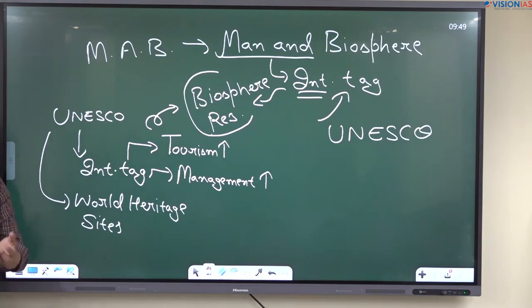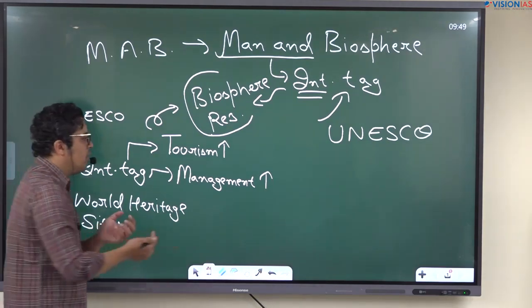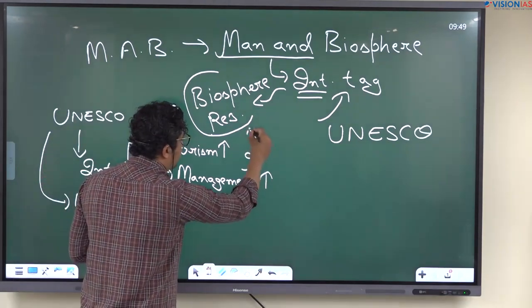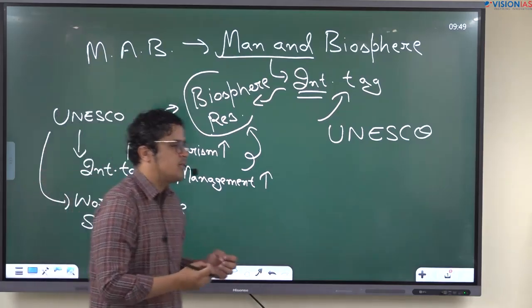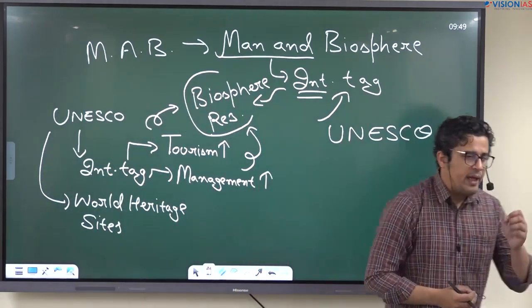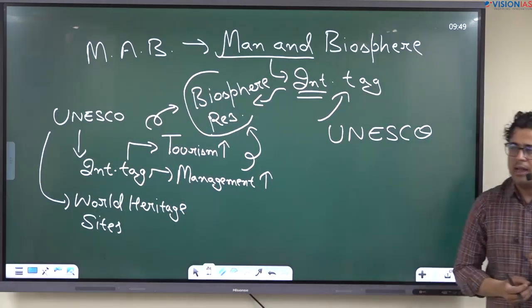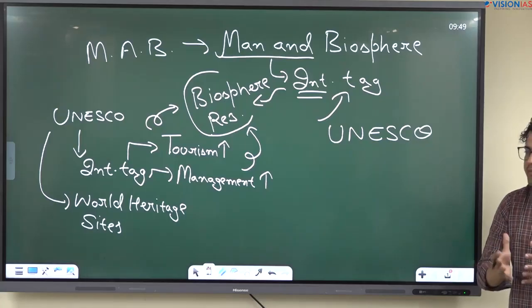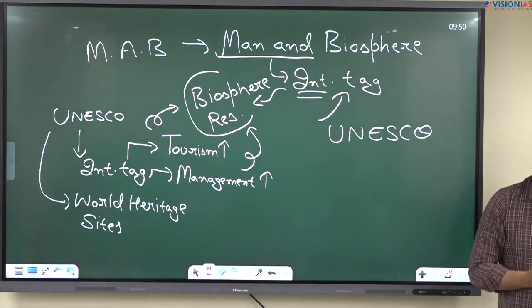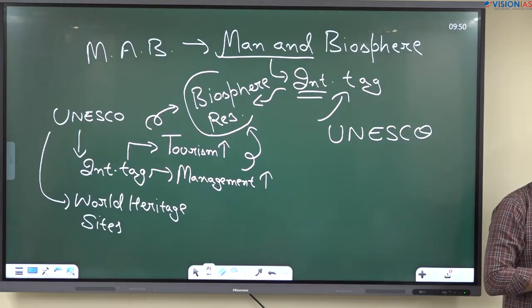Tourism will increase, revenue will increase. And management will improve, because now you have to manage it according to international standards. So MAB is an international tag given by UNESCO to biosphere reserves. If something unique is present in that, UNESCO gives them an international tag.